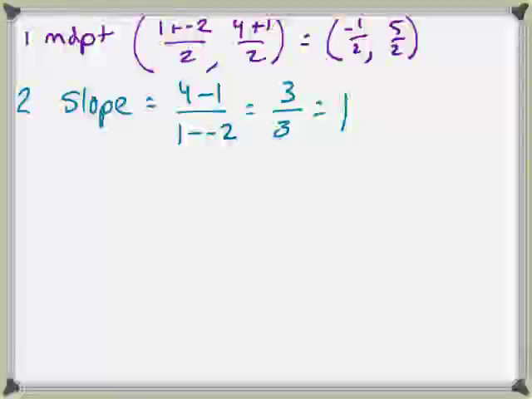So that's the slope of the segment that connects our points, but our line is supposed to be perpendicular to that. So step 3 is to find perpendicular slope, which is what we're going to call our m, which would be what? Negative 1. The reciprocal of 1 is still 1. 1 over 1, flip it over, still 1 over 1. But then it also has to be opposite. 1 has to be positive and 1 has to be negative.